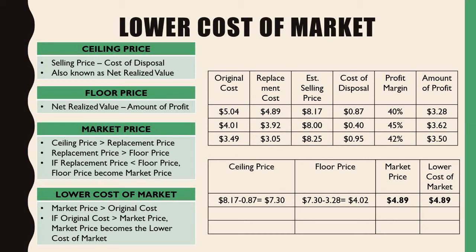Those are going to be costs to dispose of the item. Or for example, when you have technology, you can't just throw technology in a trash can. You actually have to go to a place to break it down, or you can even sell it for its parts. That would be an offset of the cost.